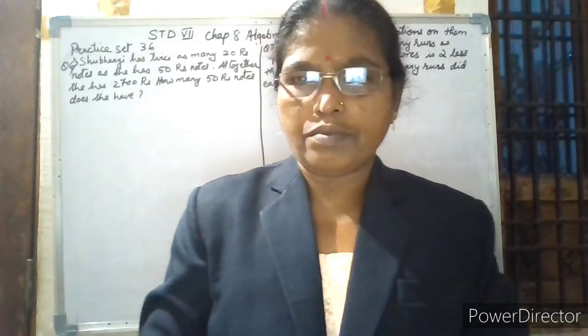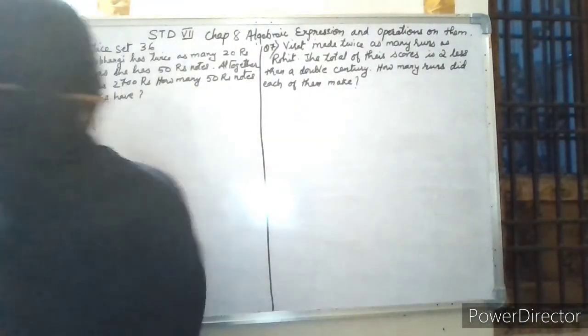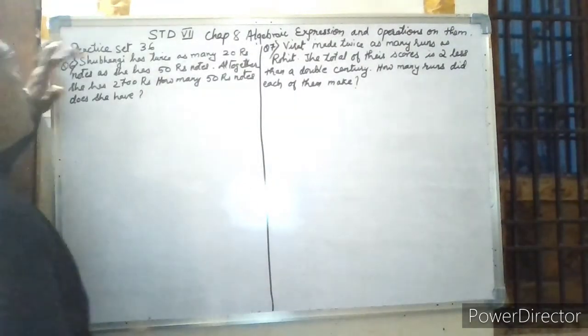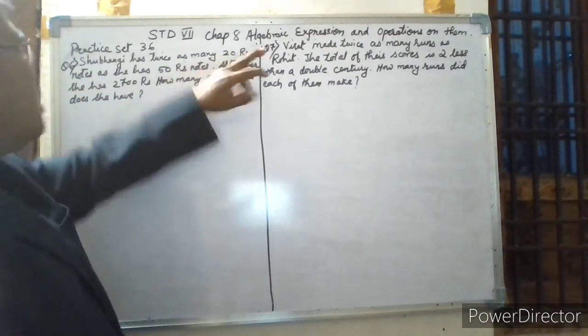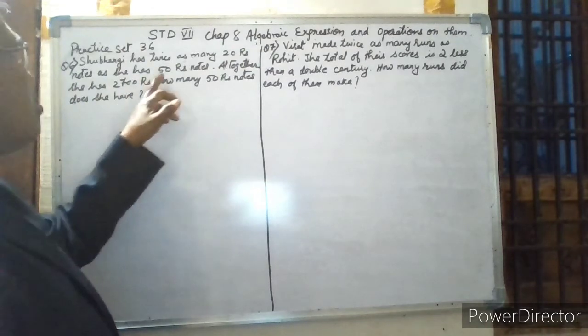Now let us solve the next question, that is the 6th question. Shubhangi has twice as many 20 rupees notes as she has 50 rupees notes.